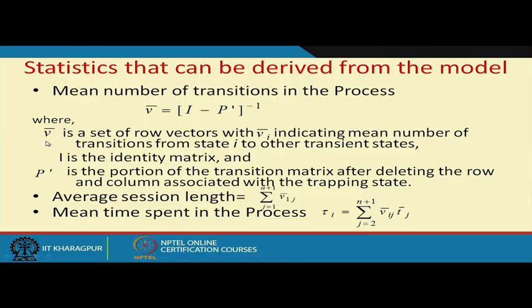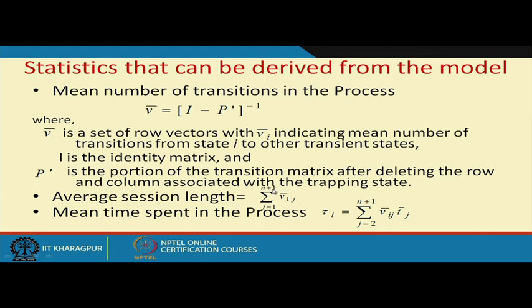So, once this nu bar vector is known, the mean number of transitions in the process, these row vectors are known, then the average session length will be the sum over j equal to 1 to n plus 1, where n plus 1 is the last state.